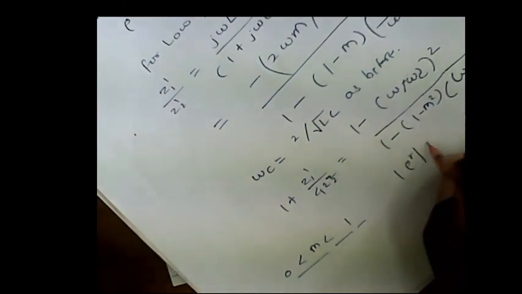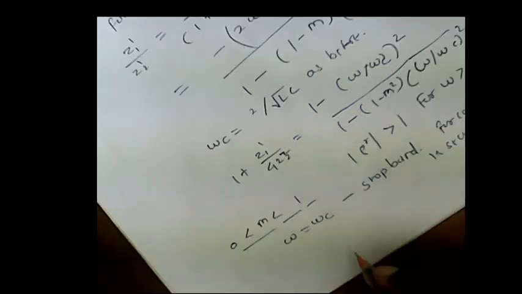If we restrict the value of m, the value of m must lie between 0 and 1 to give the specification and to improve the realistic condition. The propagation constant e raised to power gamma must be greater than 1 for frequencies above the cutoff frequency. The normal angular frequency is less than the cutoff frequency.